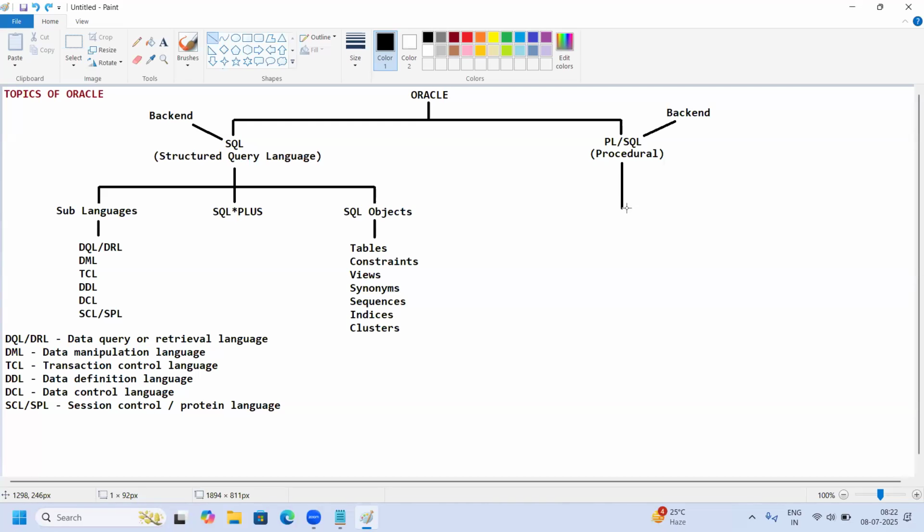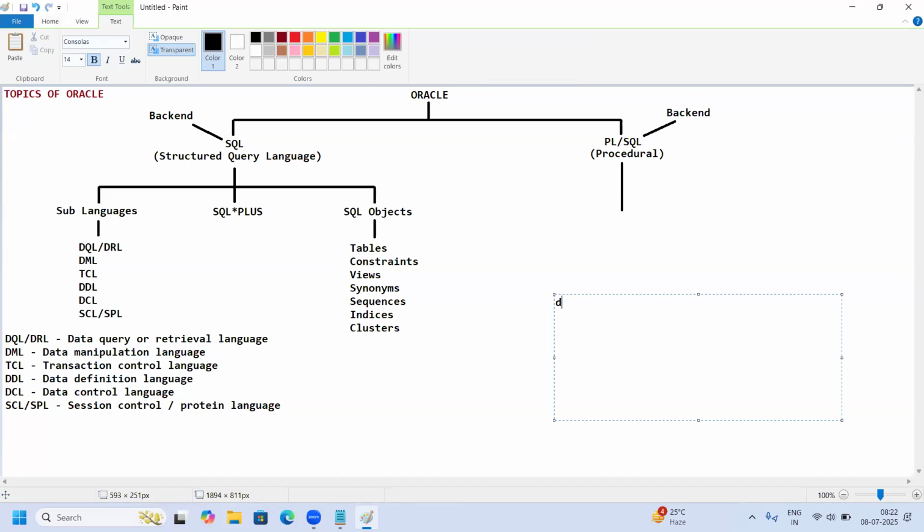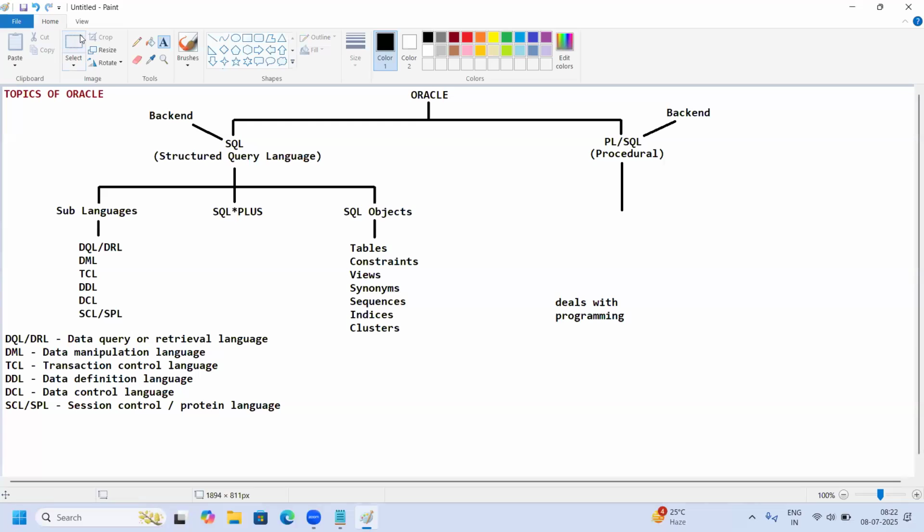PL SQL deals with programming. But it is not the programming that you usually come across in programming languages. Compared to that, it is very simple programming. Programming of PL SQL is very simple to learn.